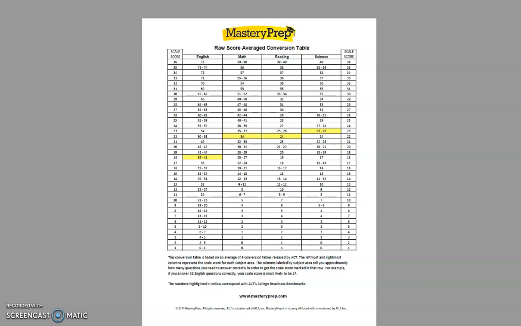It is based on the average of 9 conversion tables released by the ACT. What's highlighted here in yellow are ACT's college readiness benchmarks. So in English you need to have an 18, in math 22, reading 24, and science 25.